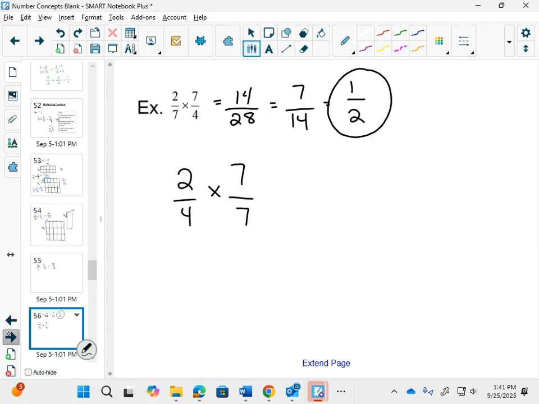What's 7 over 7? 1. Oh, so this is the same as this? Yes. What's 2 over 4 times 1? 2 over 4. Can you reduce 2 over 4? Yeah, divided by 2. We get a half again.